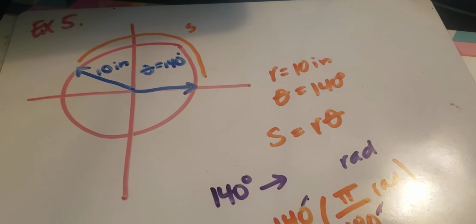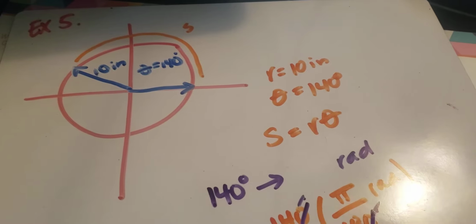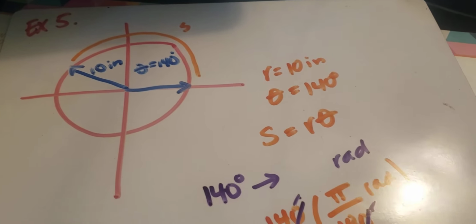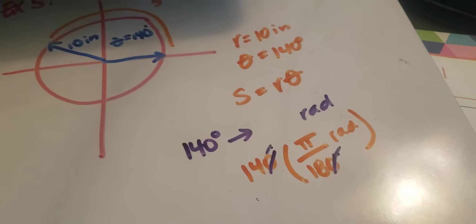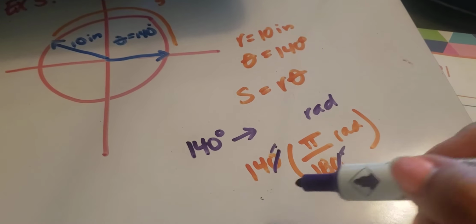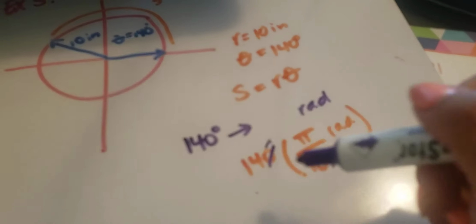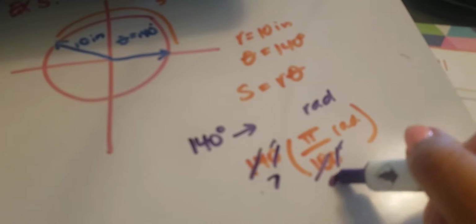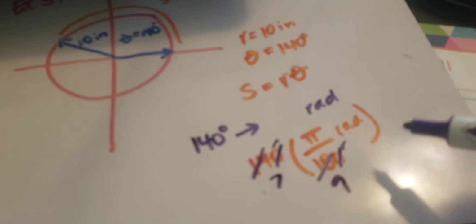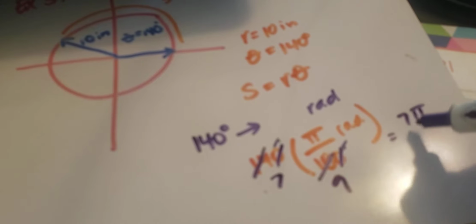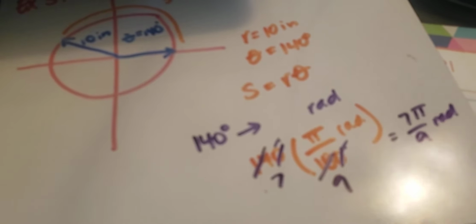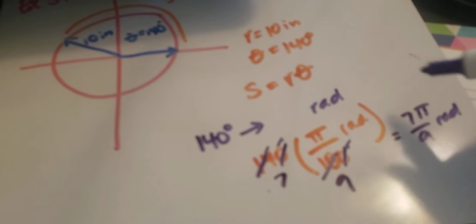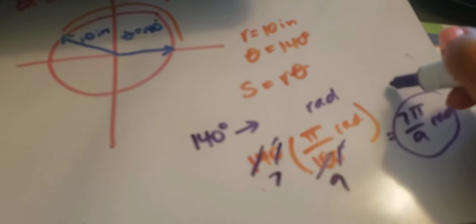Then I can simplify this: 140 and 180, I can simplify by 10, and we're left with 14 and 18. I can simplify by 2, so we're left with 7 and 9. What I'm left with is 7 pi over 9 rad. That's my new theta.